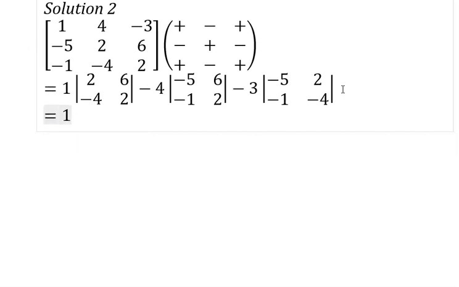Okay, you have 1. Okay, let's go. 2 times 2 will give you 4. Minus 4 times 6 will give you 24. But because you have minus there, you have minus 24. Awesome.